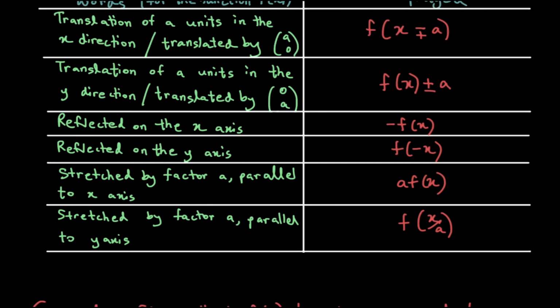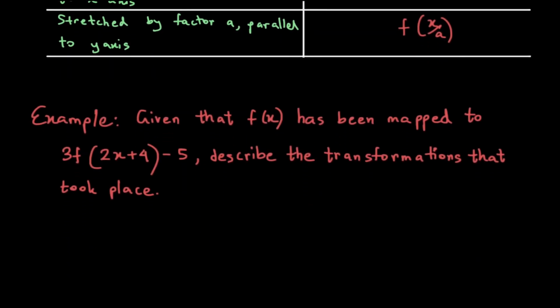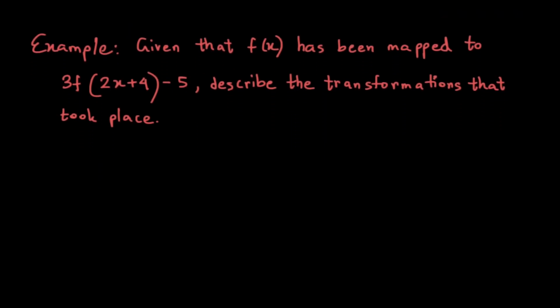Okay, now we're going to solve a problem. Given that f of x has been mapped to thrice f of twice x plus 4, minus 5, describe the transformations that took place. We are going to identify the transformations first. Here, 3f means a stretch of factor 3 in the y direction.